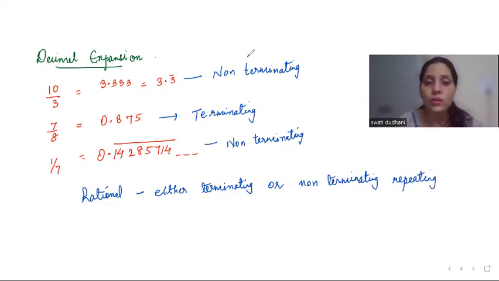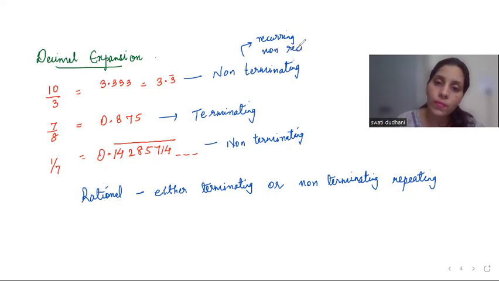Now, under non-terminating also, we have two categories: recurring and non-recurring. Recurring is basically repeating, and the other is non-repeating.